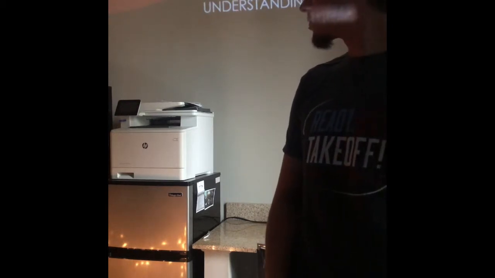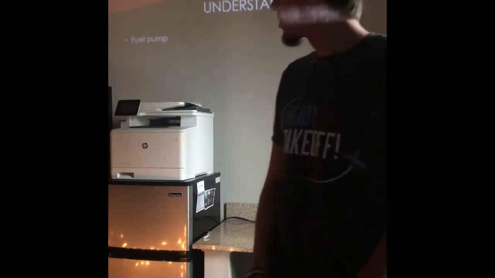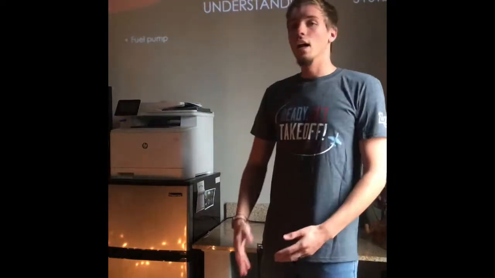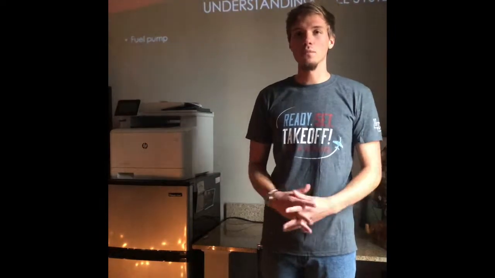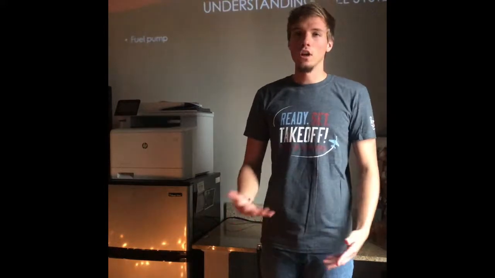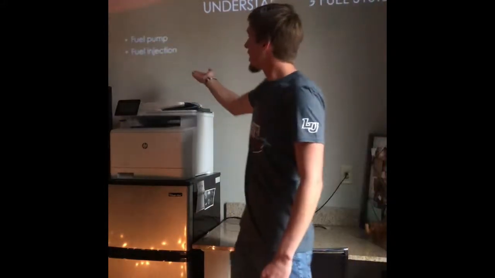Fuel pump. Now, we've previously talked about the fuel pump already. The fuel pump is part of the engine pulling the gasoline from the wing tanks into the engine. There's also an auxiliary fuel pump for emergencies. Fuel injection.